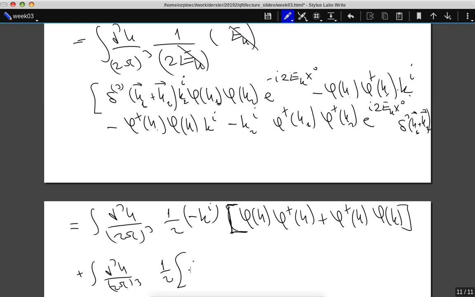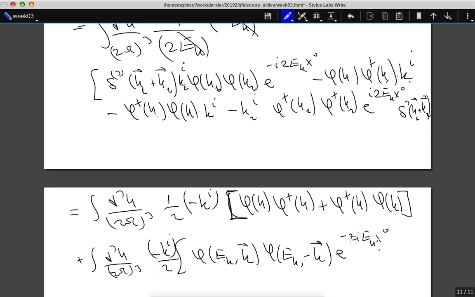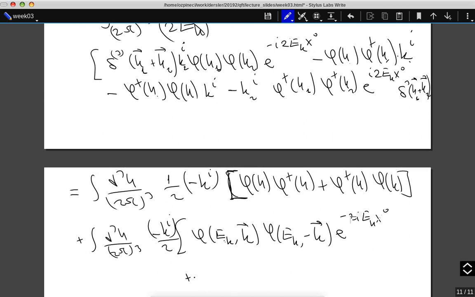I have again minus Ki over 2, phi of E of K, K, and phi of E of K, minus K. And then I have e to power minus 2i ek of x0, and then plus phi dagger of E of K, K, phi dagger of E of K, minus K, e to power 2i E of K x0.